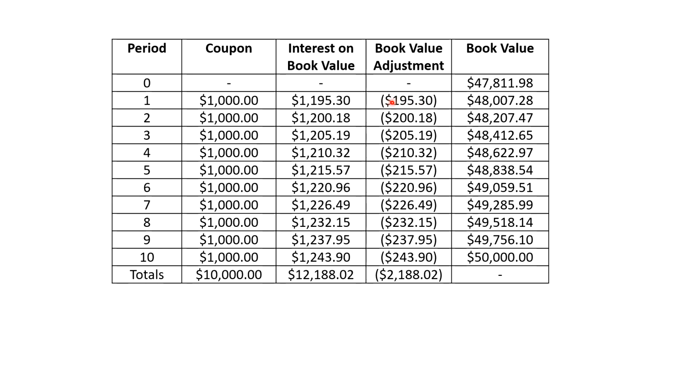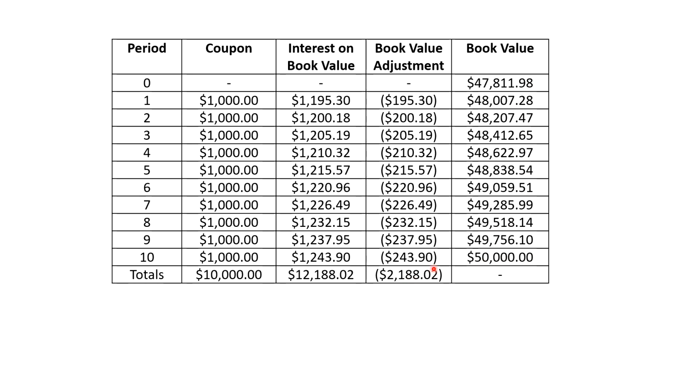One, you claim these additional amounts over the course of the bond, so over the 5 or 6 years, in addition to the coupon. So basically you're paying tax on these numbers here. So you're distributing the capital gain between when you purchase the bond and the redemption value. So that's one option. The other option is when you add all these together, you get this 2188.02, which is the increment from the purchase price to the redemption value.